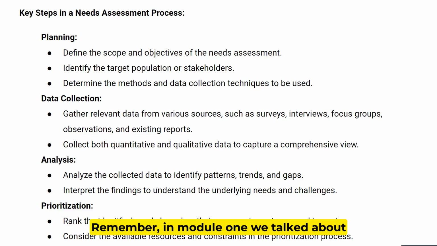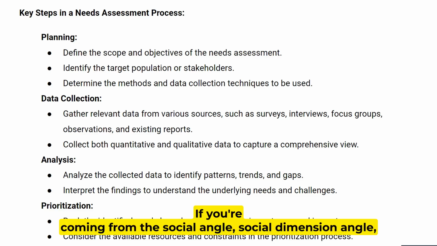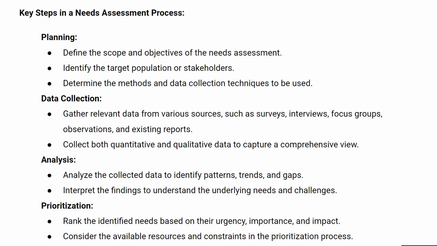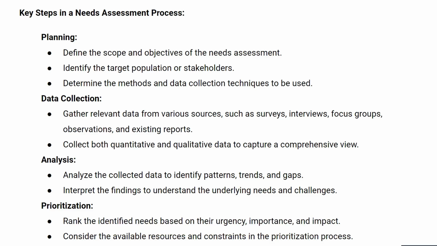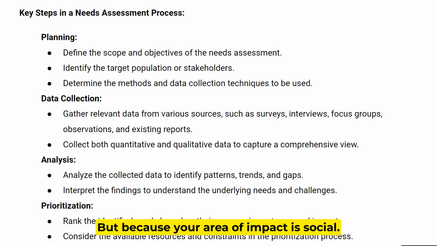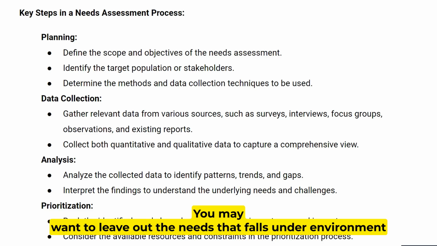Remember, in module 1, we talked about the multidimensional nature of community engagement. If you are coming from the social dimension angle, it's possible that the needs you have gathered from your needs assessment process could capture the environment dimension. But because your area of impact is social, you may want to leave out the needs that fall under environment.